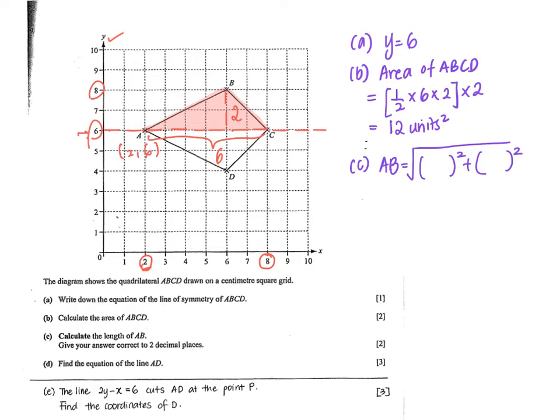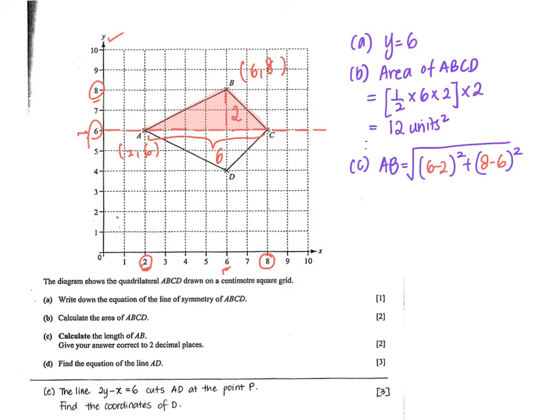What about B? B will be 6, 8. The x number is 6, the y number is 8. So now we will have y2 minus y1, x2 minus x1.